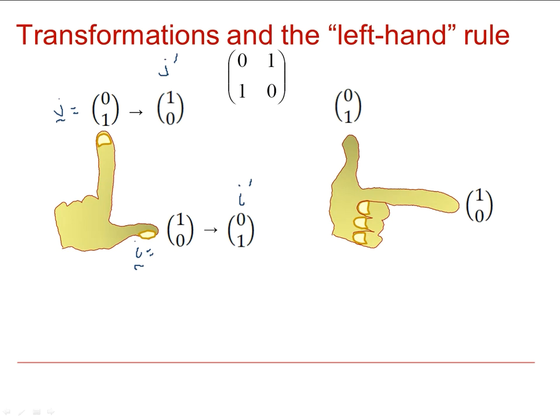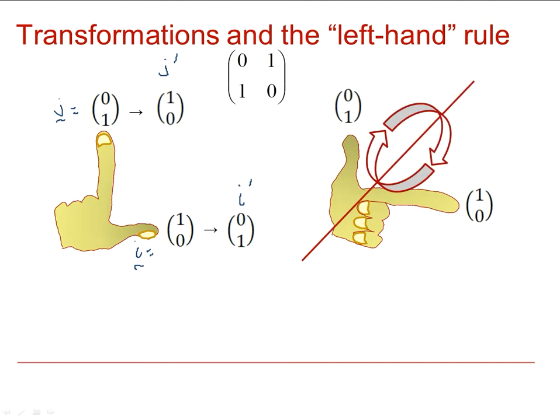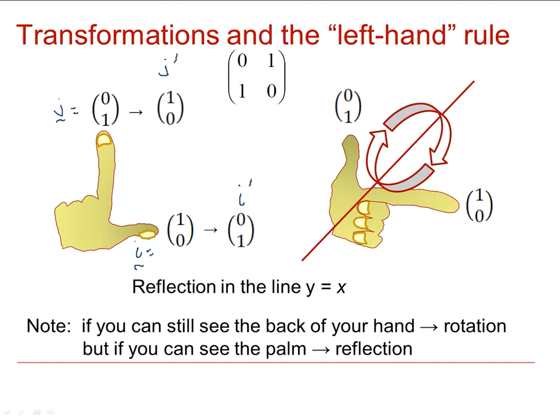Now if you get the position of your hand into that, that shows us then we've ended up with a reflection in the line y equals x. Notice that if you're using this method, if you can see the back of your hand, then that will be a rotation, but in this case you can see the palm and we know it's a reflection.